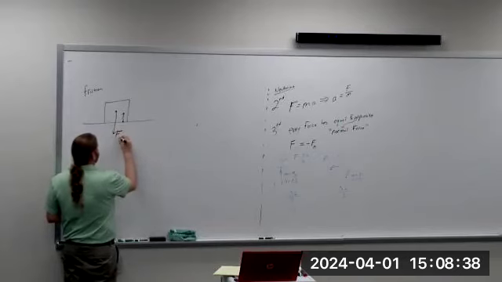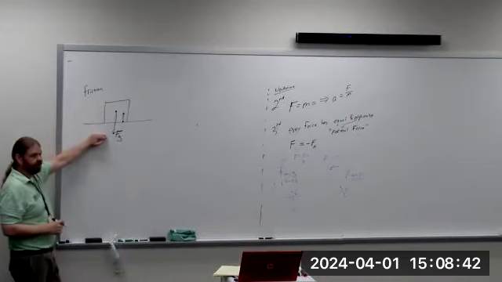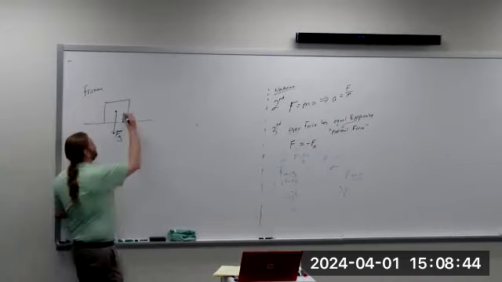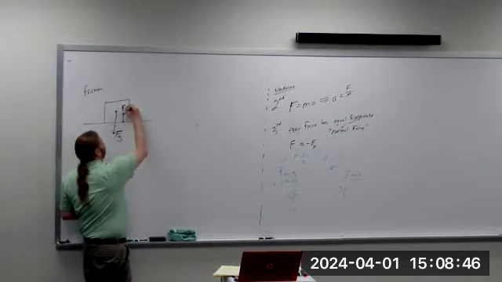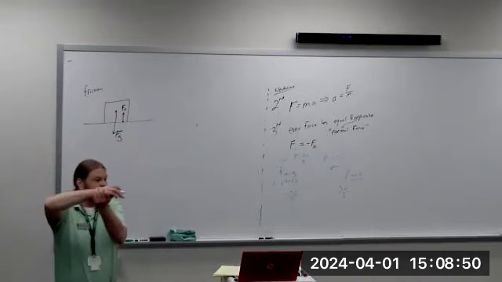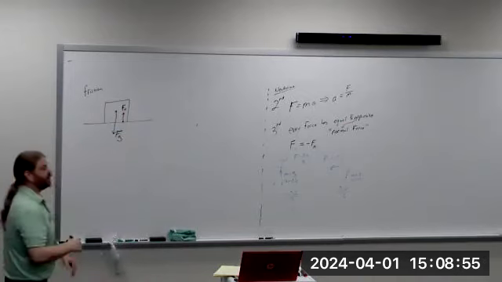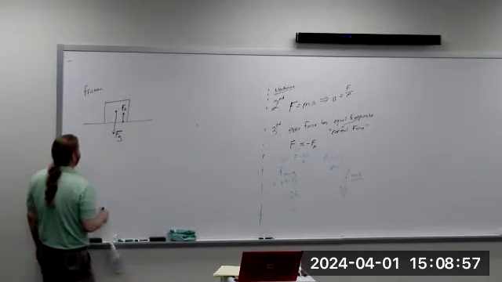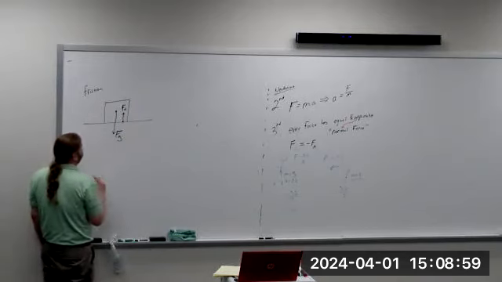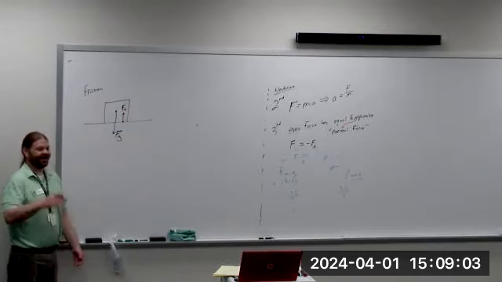We'll write this F sub G. So the force of gravity or weight pulls it down into the floor. We get a normal force pushing back up, right? That's what we can feel under our feet. We feel the normal force, the equal and opposite to gravity, to our bodies being pulled down. We're the ones that move, right?